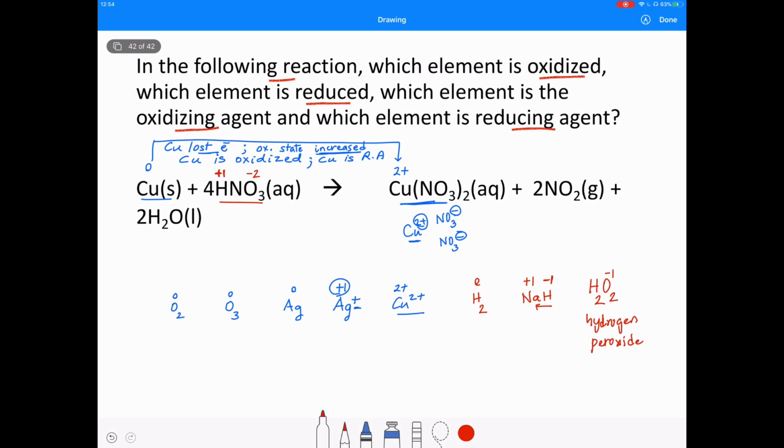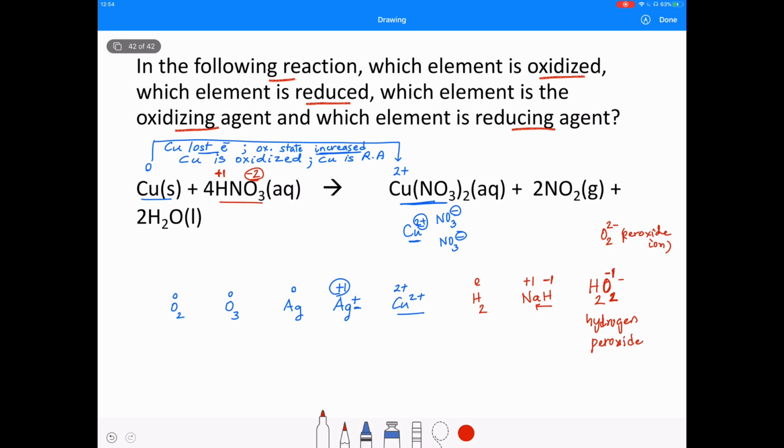Remember, the ion O2 2 negative is called the peroxide ion. So within this compound, we have a peroxide, O2 2 negative, and the oxidation state of each oxygen in that compound is -1. This is an exception, but otherwise, we assign it -2.